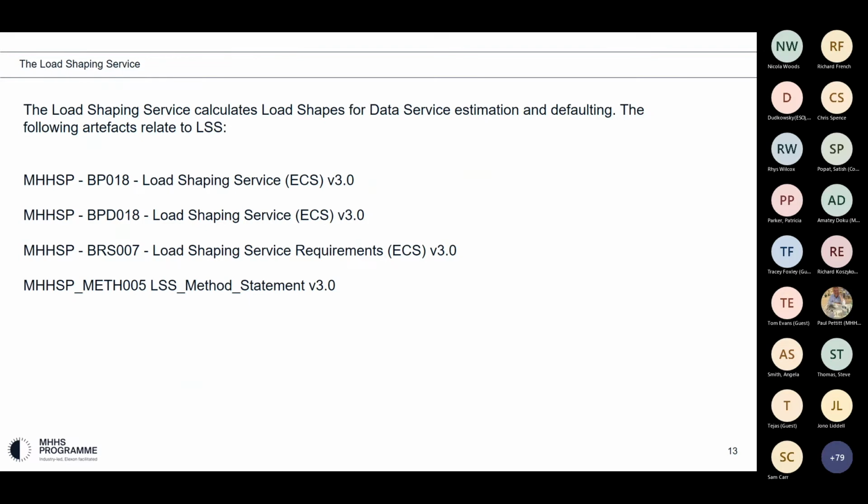I guess one thing that we're currently looking at is the potential impact for smart opted-out customers that don't have that option, because we haven't got the ability to collect the data from those time of use registers, and it would just put the total consumption under the single load shape. So we're having a look to see if there's something that we can do to resolve that. But I think it's worth saying that we have noted that is a potential issue.